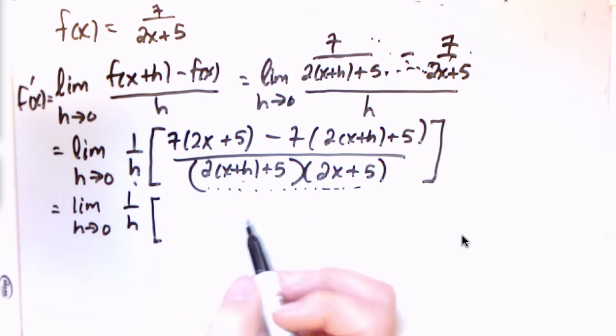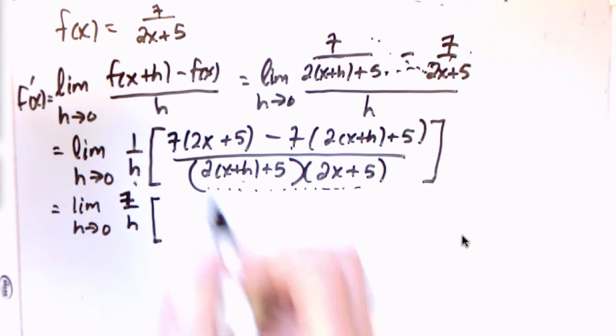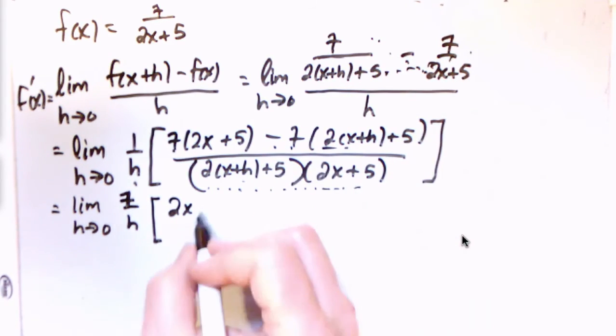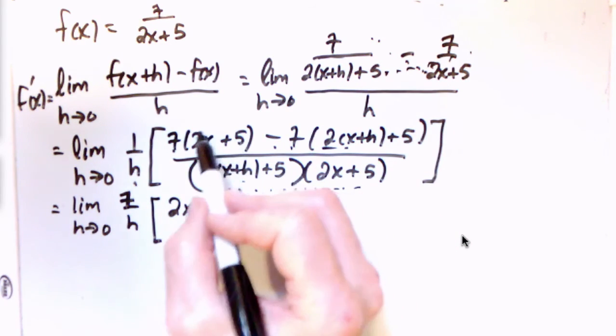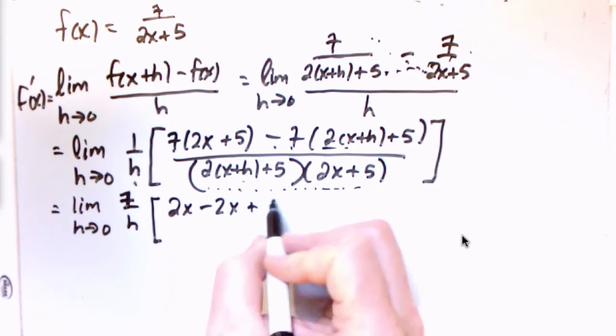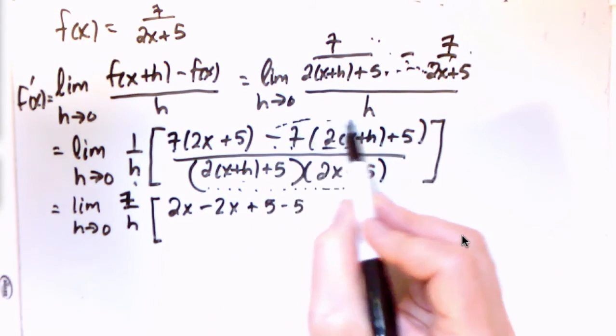The 7 is in common to both, so why don't we just factor it out and leave it out front. So then I have 2x minus 2x, 5 minus 5, but I've forgotten a term here, minus 2h.